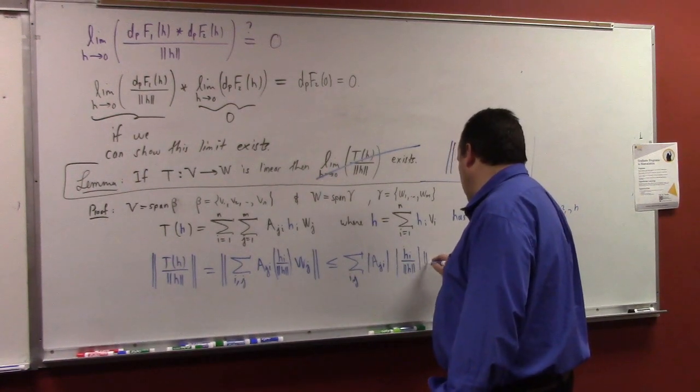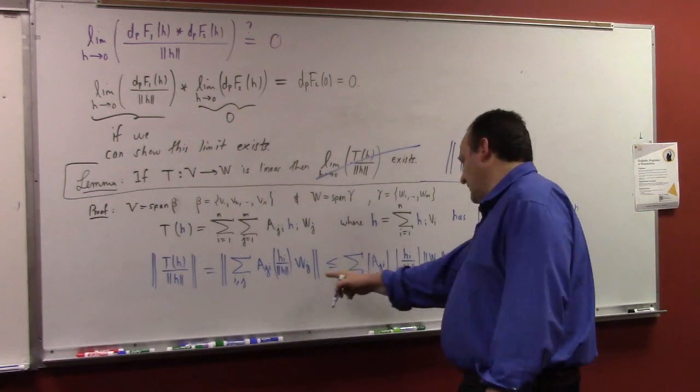And then we've got the norm of WJ. This is the triangle inequality.